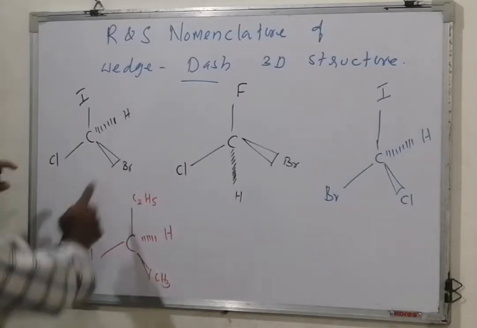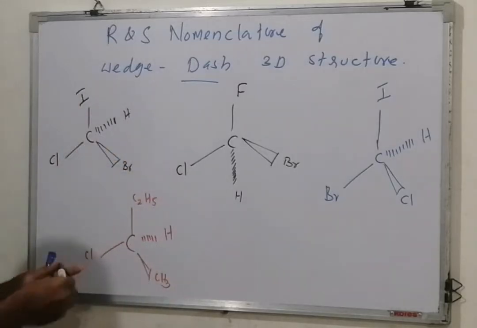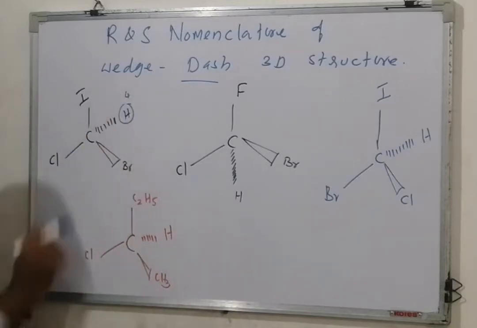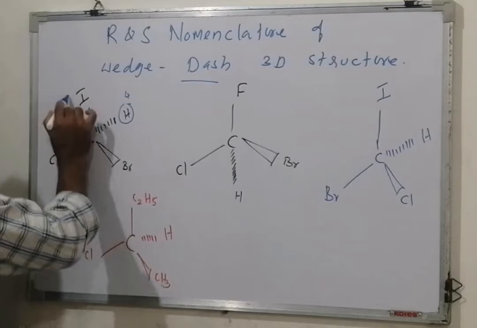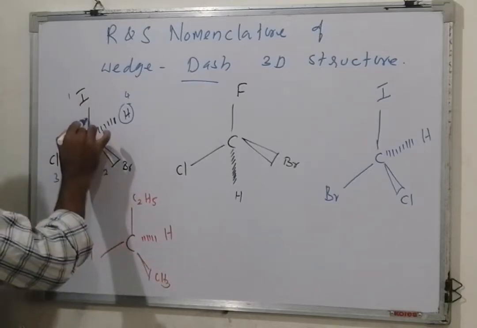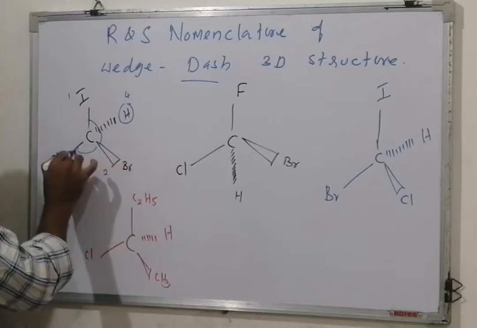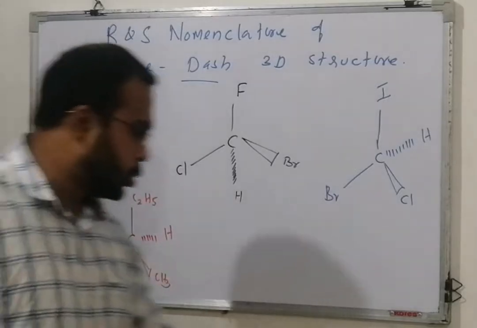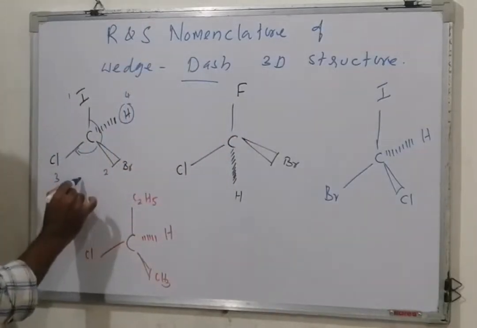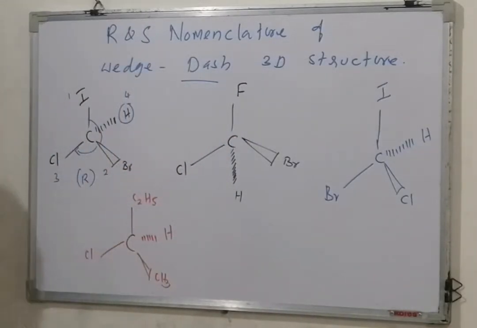Here bromine, iodine, chlorine and hydrogen: hydrogen is the least priority group, which is away from here. No problem. Therefore, you number 1, 2, 3. What is the direction? 1 to 2, 2 to 3. This is clockwise, therefore R.